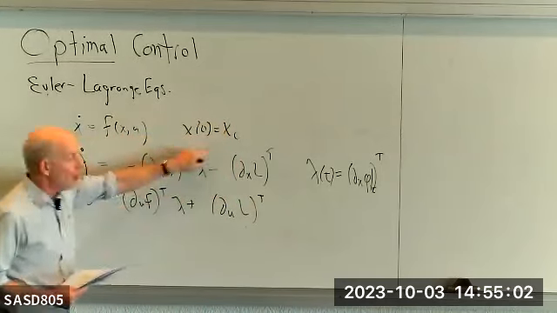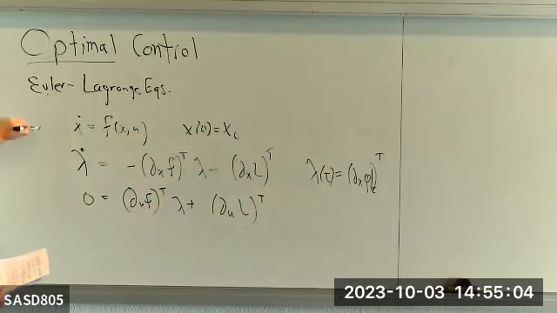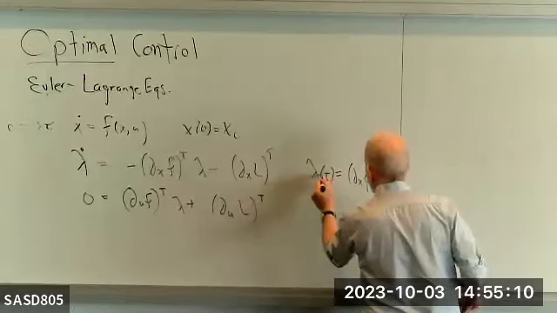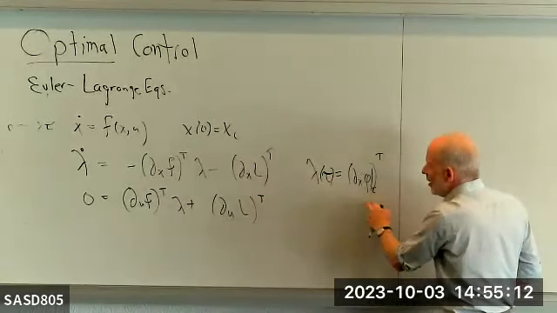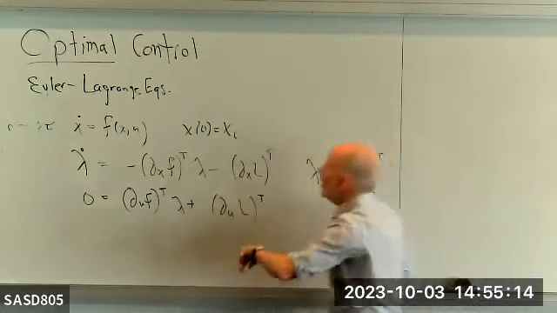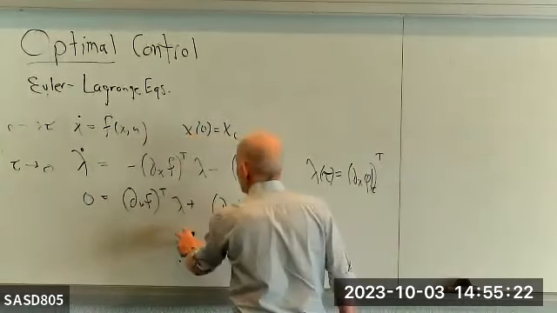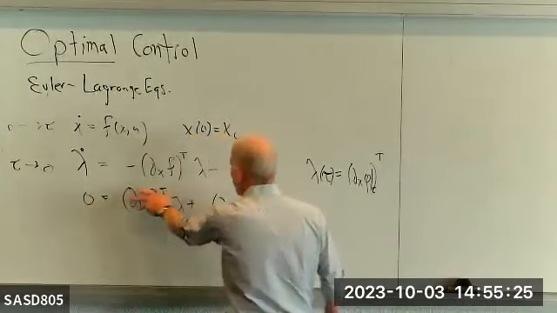Okay, so this is an equation that has an initial condition, so it goes forward from 0 to tau. This equation here has a final condition at tau on lambda, so it being a differential equation has to go backwards from tau to 0. And this is just, in some sense, there's no time derivative here.